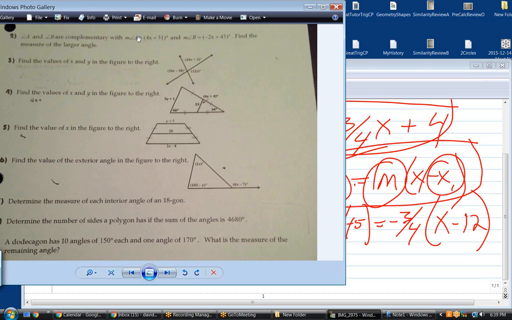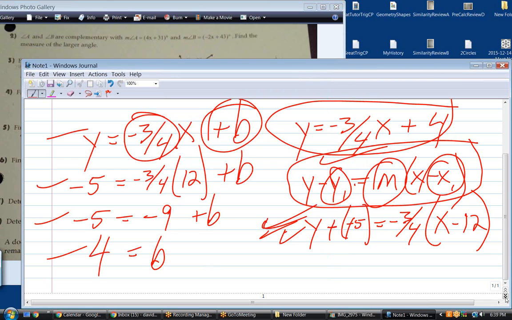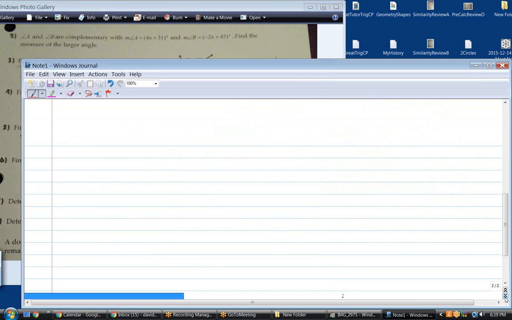If angle A and angle B are complementary, what does that mean? Isn't complementary when they equal 90 degrees? Yes. Supplementary is 180, complementary is 90.